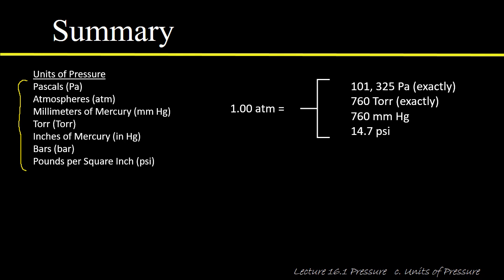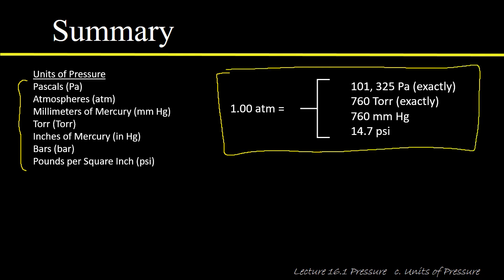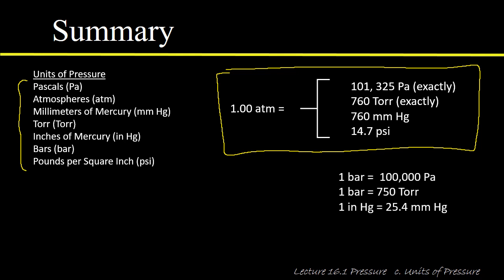Okay? So 4 of these can be related directly back to atmospheres. You should know all of those relationships, and a good way to work on those is with flashcards. Okay? And then you should also know that 1 bar is 100,000 Pascal. That's the definition of a bar.